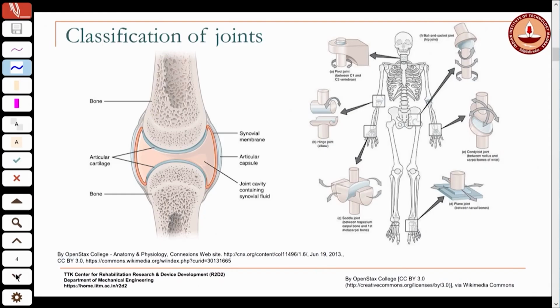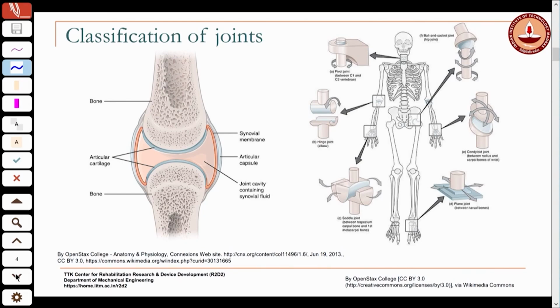There are different types of synovial joints which can be classified based on their mechanical function, mainly what kind of movements they would allow at the particular joint. So, today we will look at these types of joints. Let us look at the types of synovial joints.